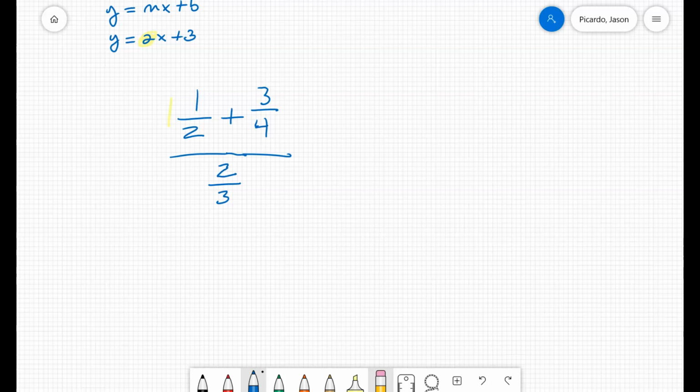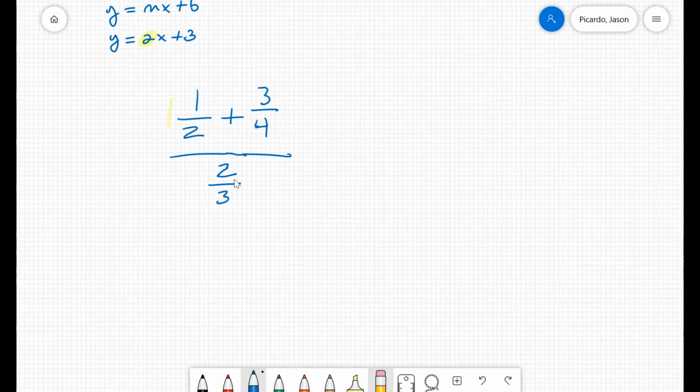What do you do? Well, if you go all the way back to learning fractions, my denominators are 2, 4, and 3. The least common denominator is the number that 2, 4, and 3 will all divide into. The easiest way to get a least common denominator is just to take 2, 4, and 3 and do what? Multiply.